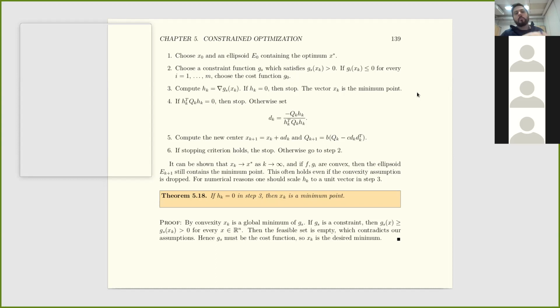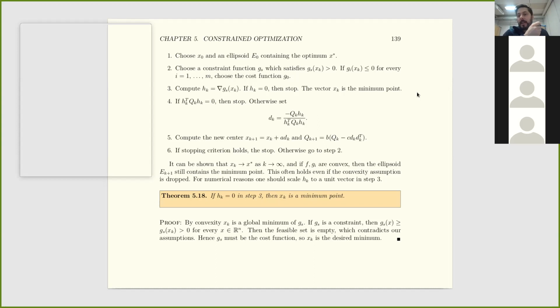The justification why this happens is a little bit harder to explain, but the main point is that Q is a positive definite matrix, and this means that no matter where we go here, we cannot make g smaller. We stop because there isn't going to be any feasible point.